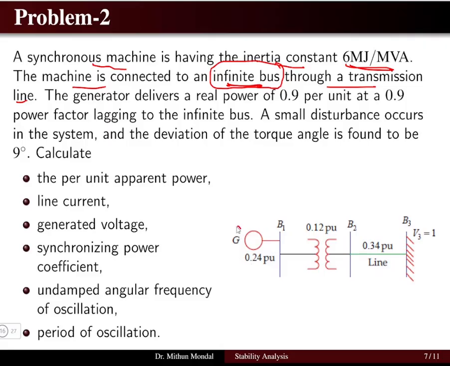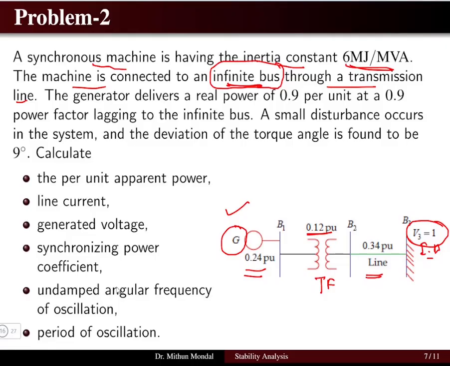If we consider the generator and the infinite bus of the system, which maintains a voltage of 1 per unit, the generator has a reactance of 0.24 per unit, the transformer has a reactance of 0.12 per unit, and the transmission line reactance is 0.34 per unit.